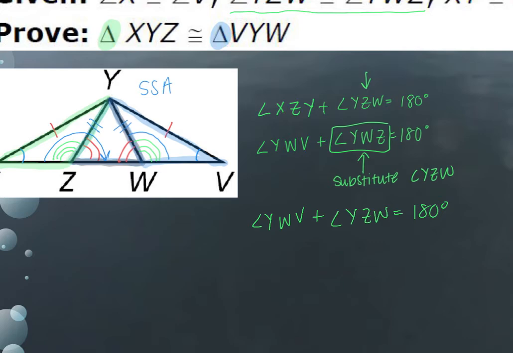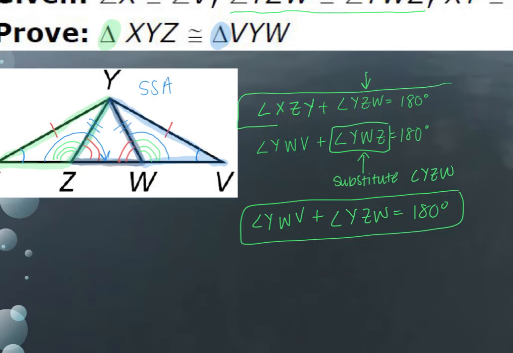So we've got this equation, and we've also got this equation. Does anyone see anything interesting? Looking at just those two equations, do you guys see anything interesting?